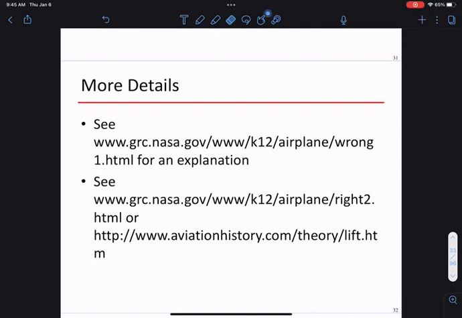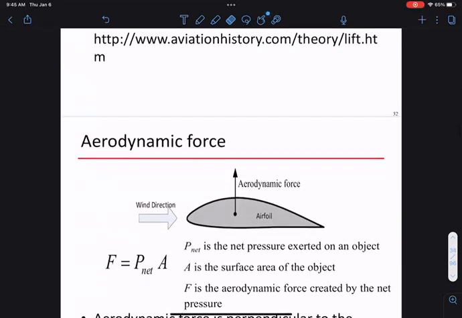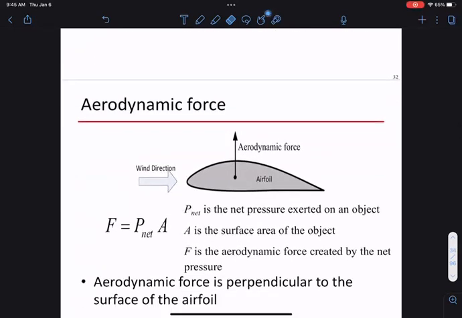All right, more equations. We want to talk about the aerodynamic force. Once lift is generated, we want to understand how much force is in this lift force. How big is the lift force?